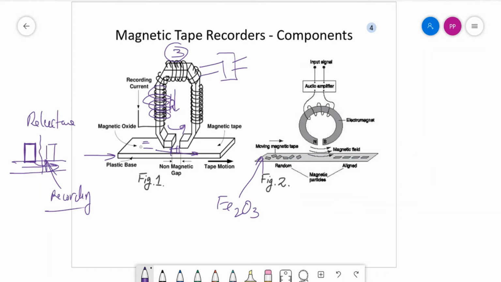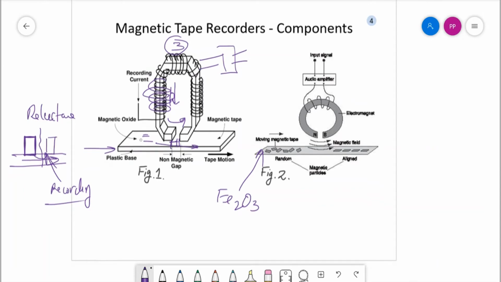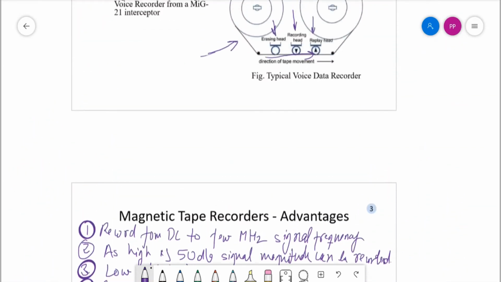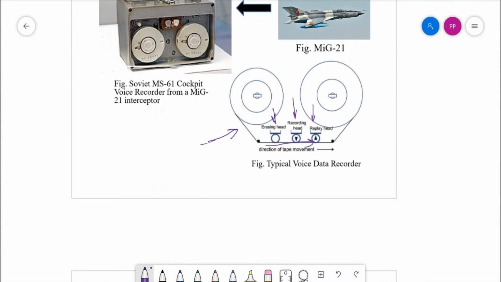The other one is the tape transport mechanism. As we have seen earlier, in the tape transport mechanism, in the direction of movement, here you will have a pinch roller.